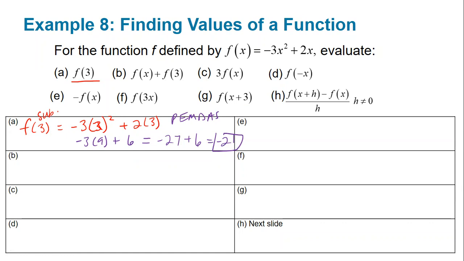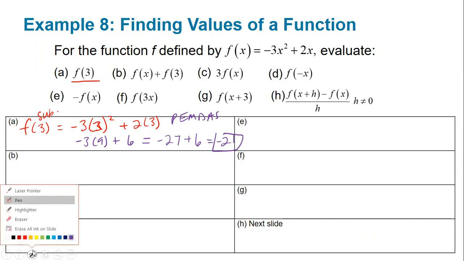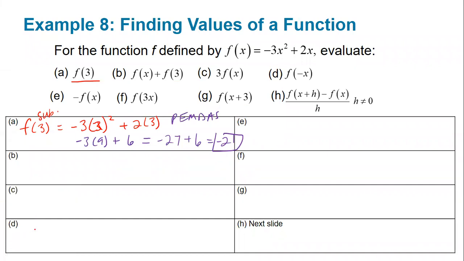Okay. Example A is a straightforward function notation with evaluating, right? Do we all feel comfortable being able to do example A? Okay. Now we're going to look at it with, well, what if I'm also using my original function? What if I'm also substituting in? So here we have f of x plus f of 3. So f of x plus f of 3 is basically double substitution.